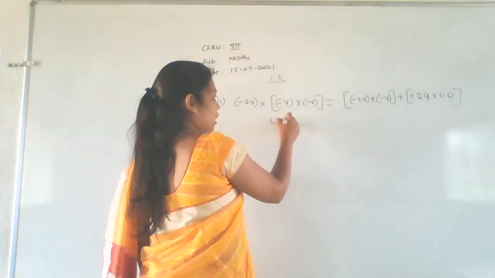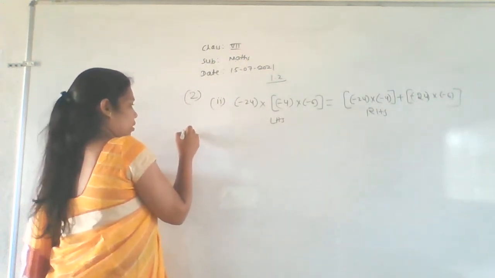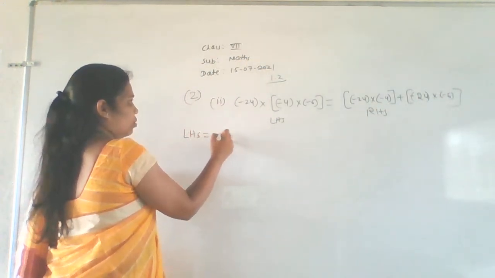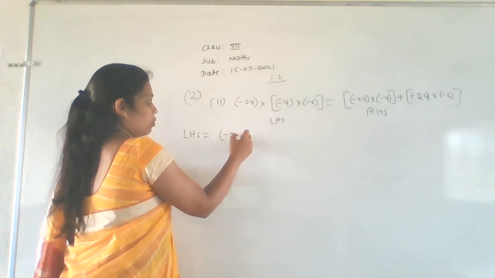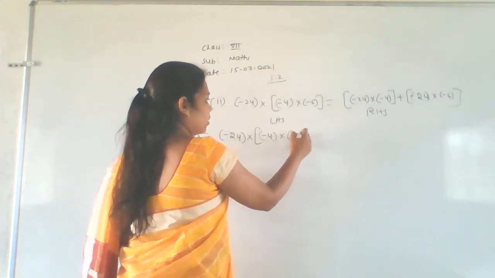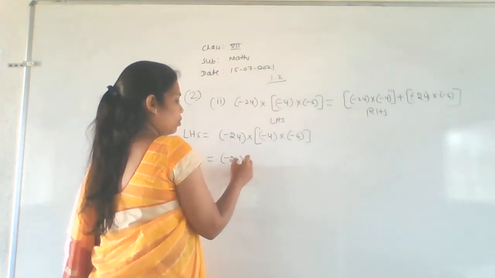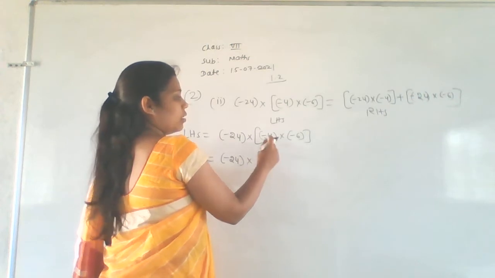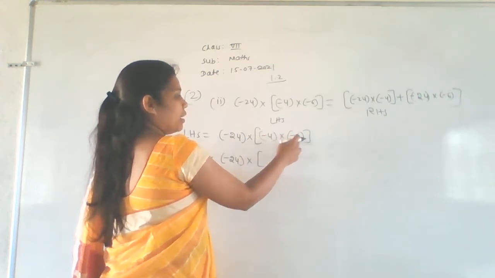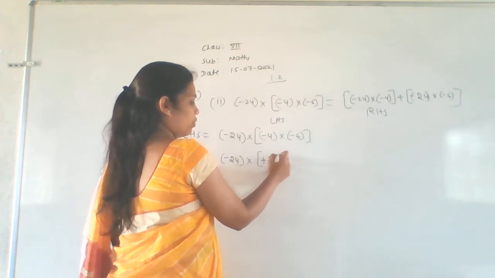So first this will be the LHS and this will be the RHS. So consider the LHS here. LHS is equal to minus 24 into minus 4 into minus 6. Okay. So here minus 24 into minus 4 into minus 6, minus into minus is plus, and 6 fours are 24.